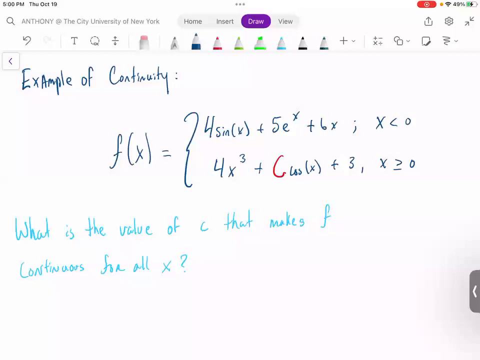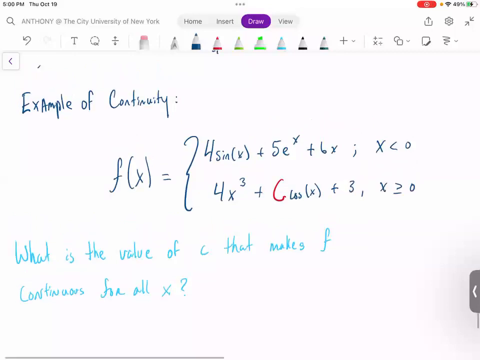Therefore, at some value of c, it's possible that you have something called a jump discontinuity. It's like if you look at your hands, one hand is lower than the other hand.